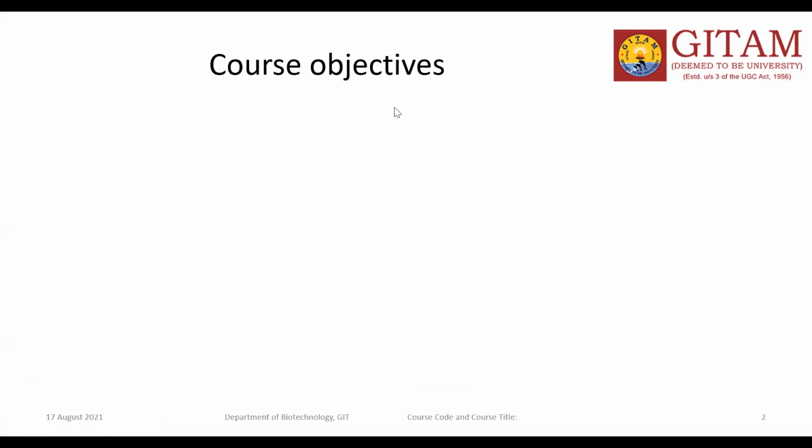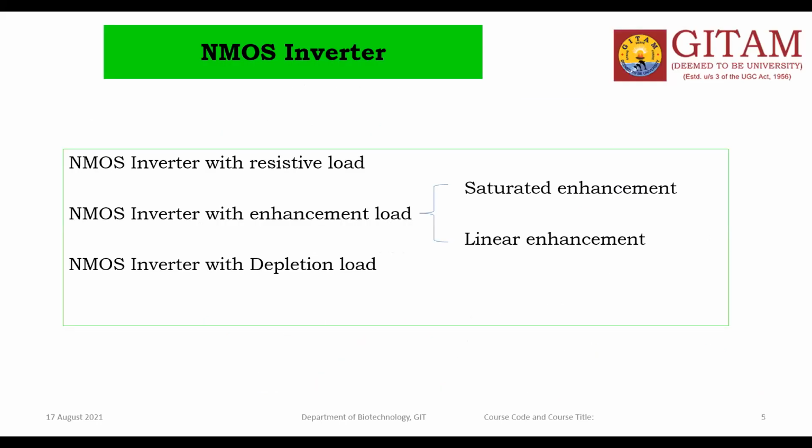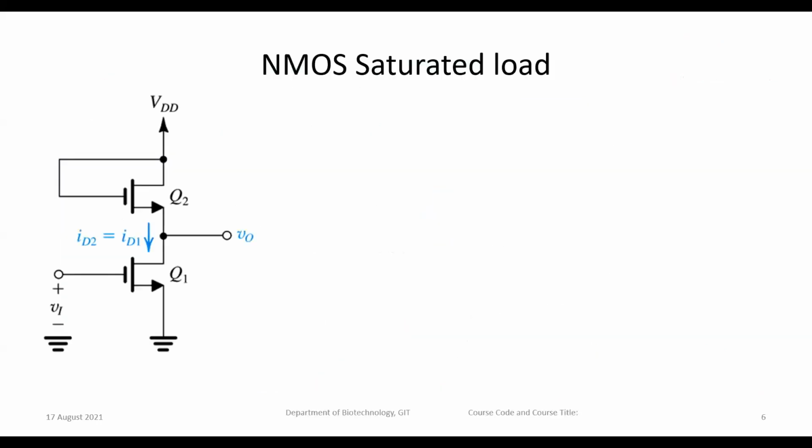Sir, you said about pass transistor, MOS transistor transconductance and output conductance, and the ideal inverter introduction, and NMOS inverter types: NMOS inverter with resistive load and depletion load. Okay, then good.